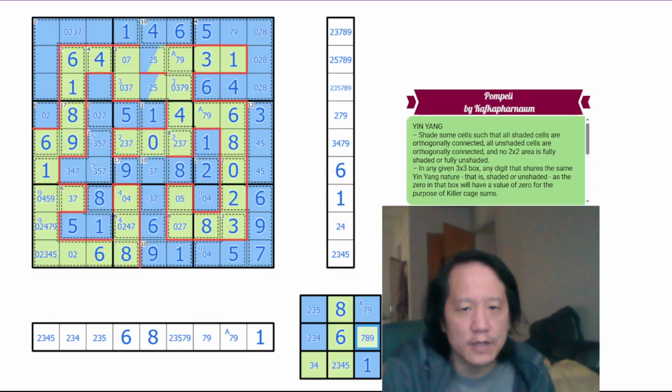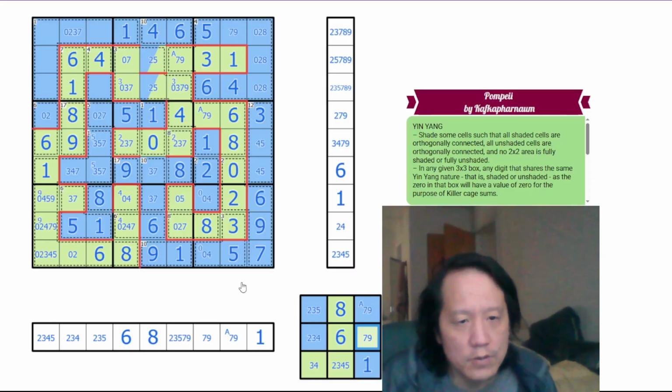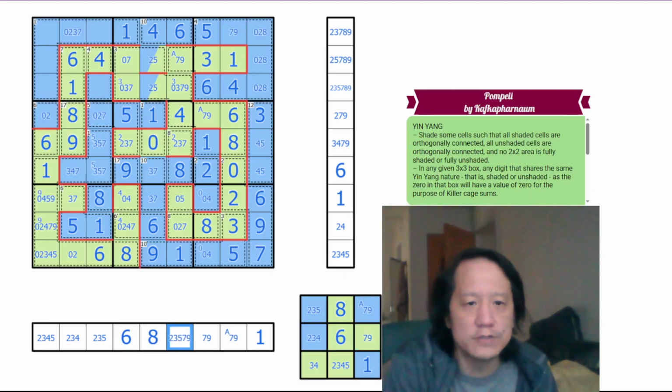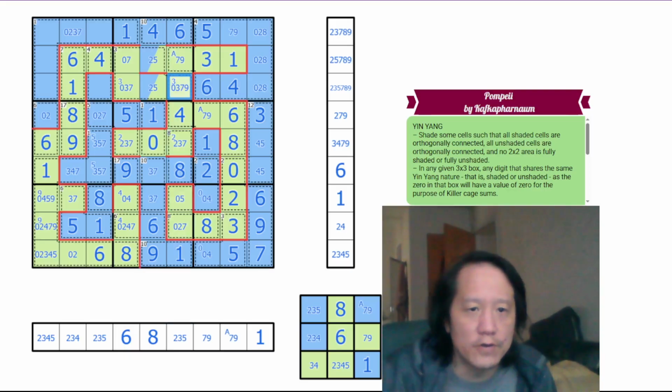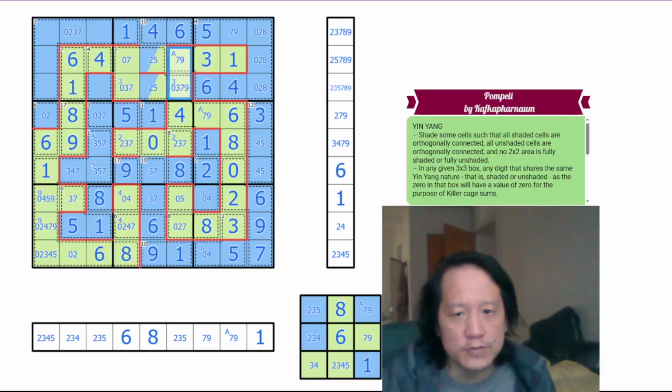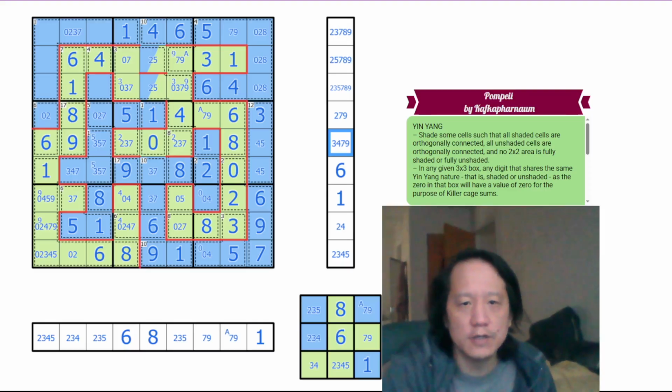Oh yeah, this is a 7, 9 pair. Eliminate 7, 9 in the rest of the column. Therefore, 9 has to be one of these 2 here. This can't be 9 that we're missing here.